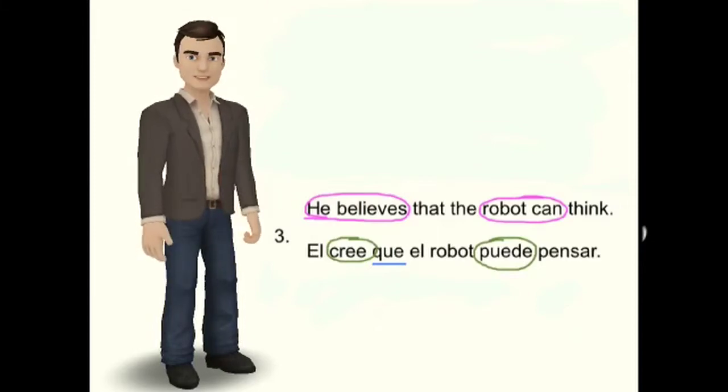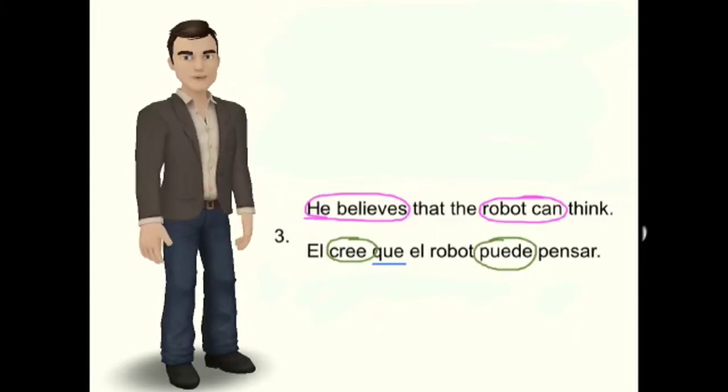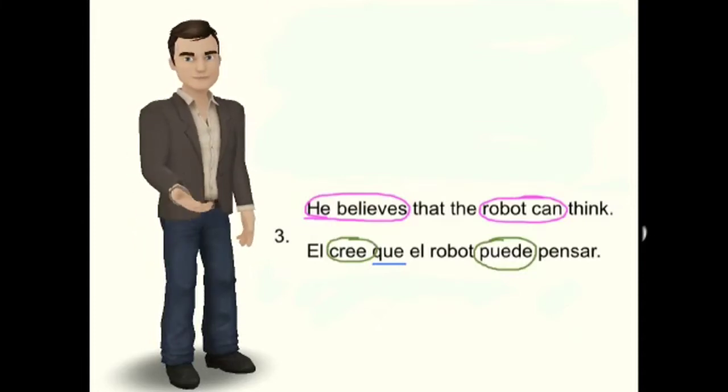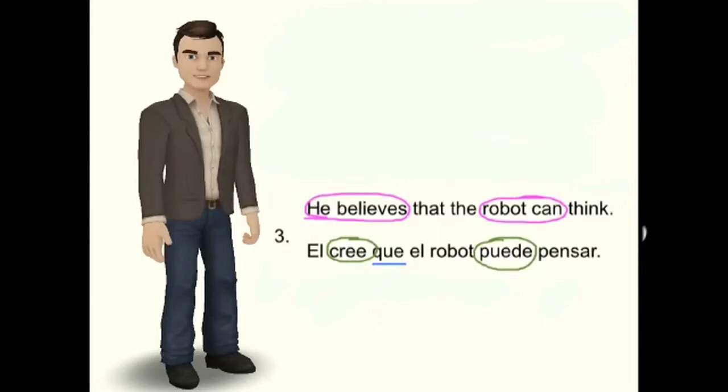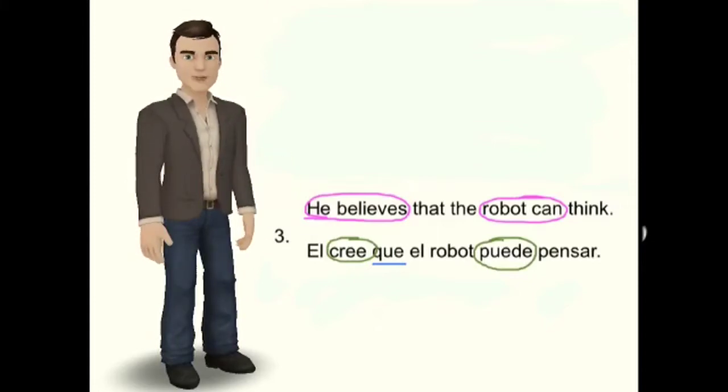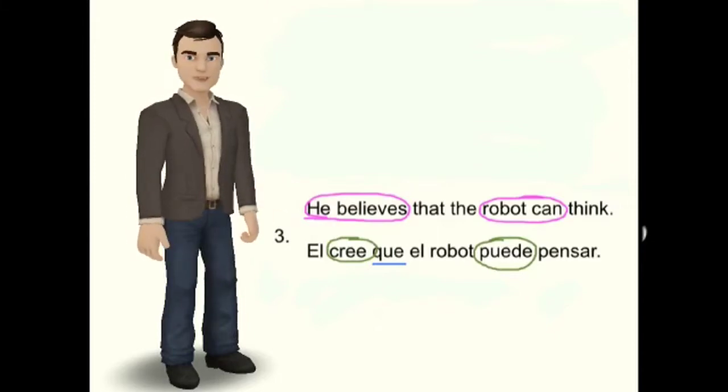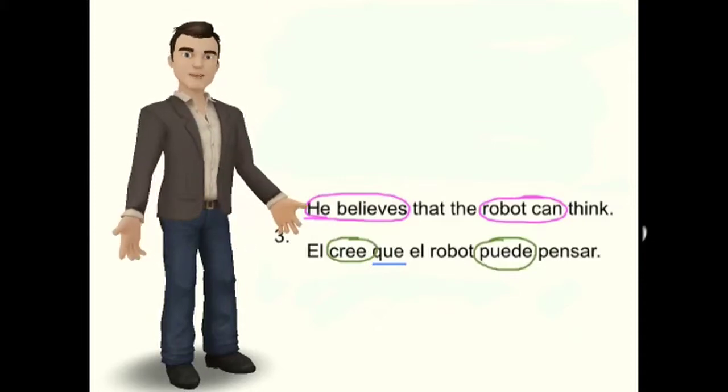So even though both he and the robot are third-person nouns, they are different entities and subjects in the sentence.